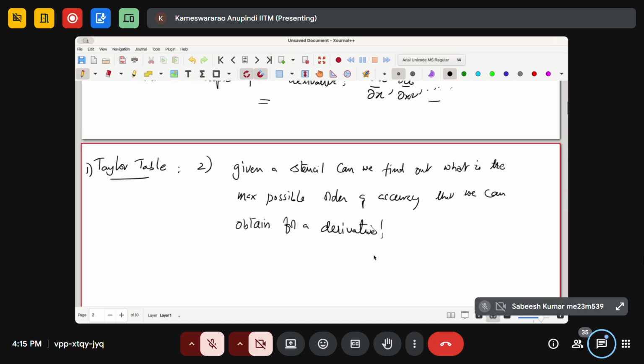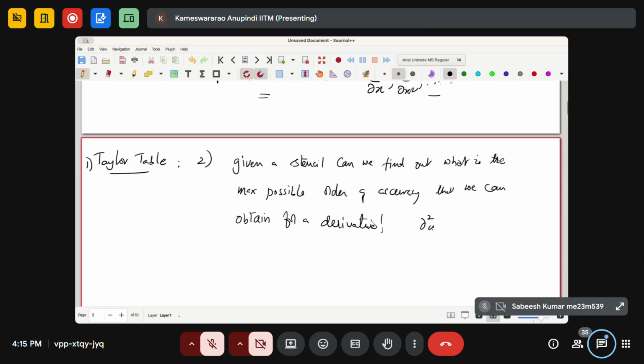That means let us say we are asked to calculate the maximum possible order of accuracy for a second derivative on a particular stencil. That means we are already fixed how many values we should use. Let us say you're given j plus 1, j plus 2, and so on.